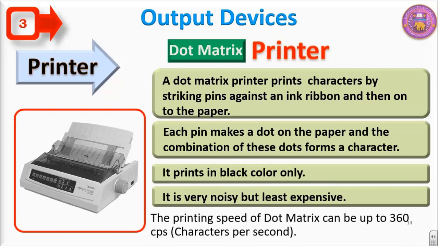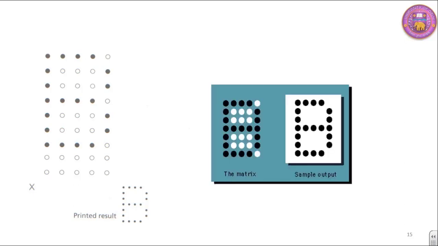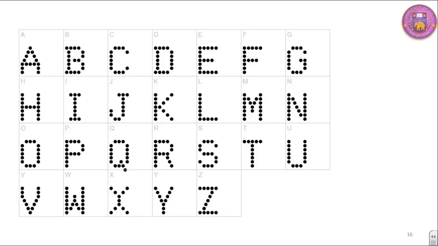The printing speed of dot matrix printer can be up to 360 CPS, that is characters per second. You can see here the print mark made by dot matrix printer. This is the sample of the output given by dot matrix printer.